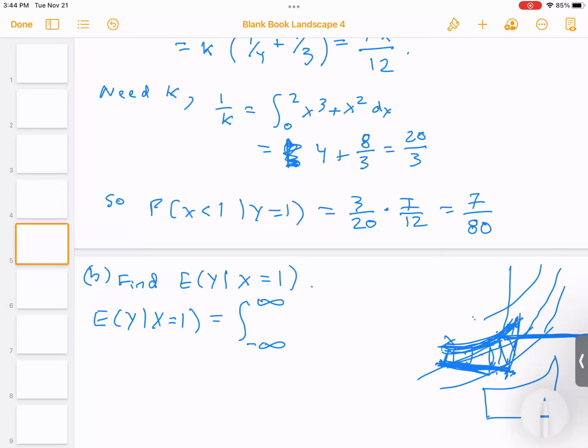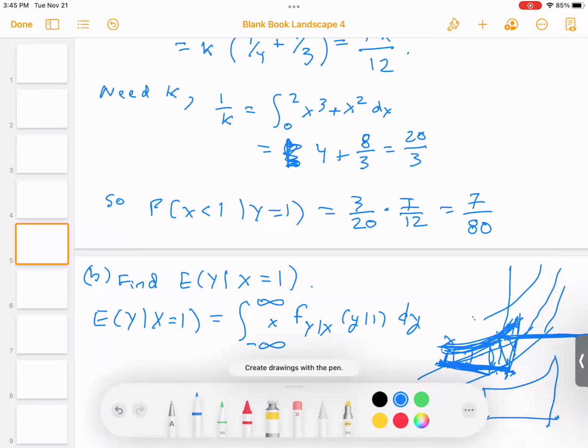So let's just do this first as a reminder of the definition. It's going to be the integral of y times f of Y given X, little y, little 1, dy, right? This should be y. I wrote the wrong thing.